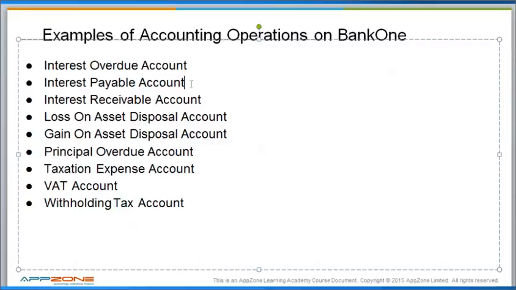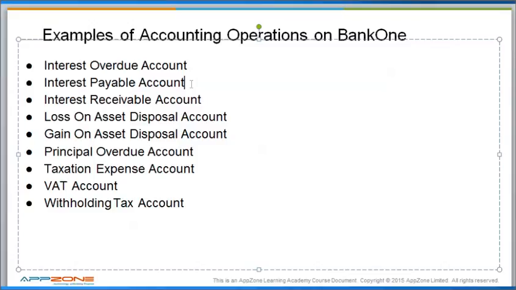We have interest payable account. Interest payable account is an account that houses interest that is expected to be paid to a customer who has funds in the bank. When you have money in your savings or your current account, depending on the bank, it is expected that such amount, such balance, yield interest.